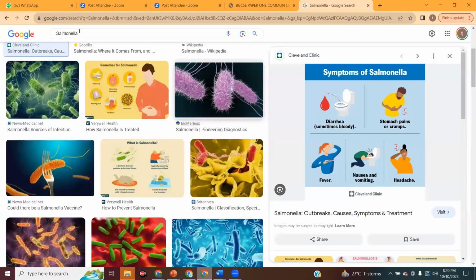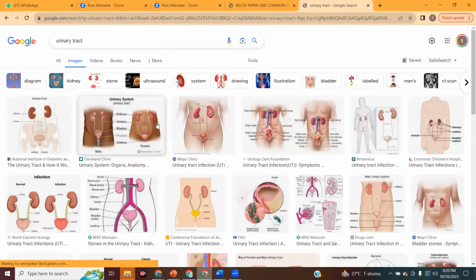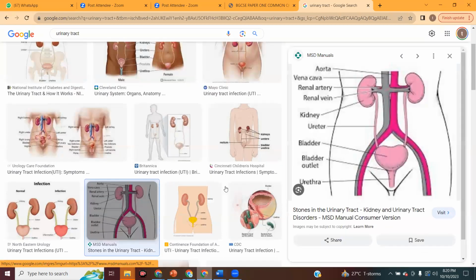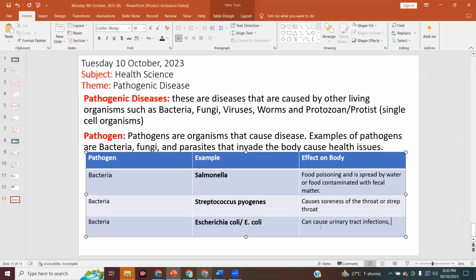Let me show you the urinary tract. So this is your bladder. And obviously these are your what? Kidneys. And so this is what we call the urinary tract. And so it can cause urinary tract infections, which is not good.